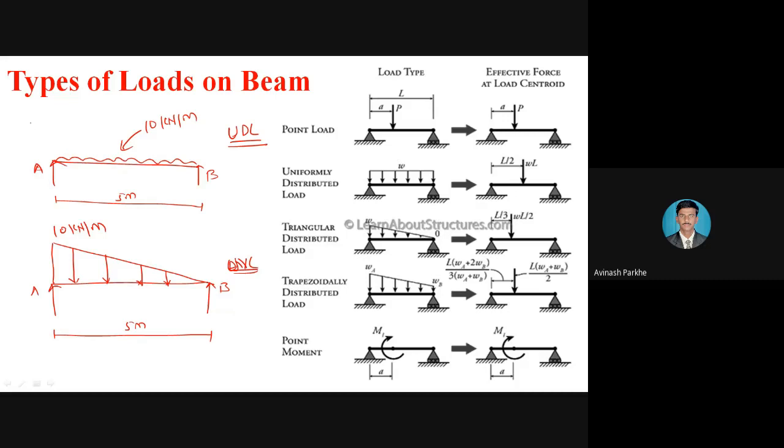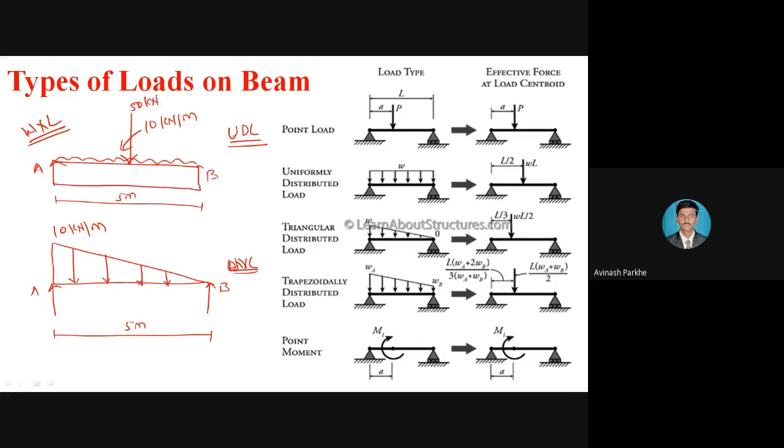Now, if I have to convert that particular UDL into the point load, we are having the formula W into length. If this UDL is converted into the point load, it always acts at the center point only. So what is the magnitude of the UDL? This 10 into 5 means 50 kilonewton.